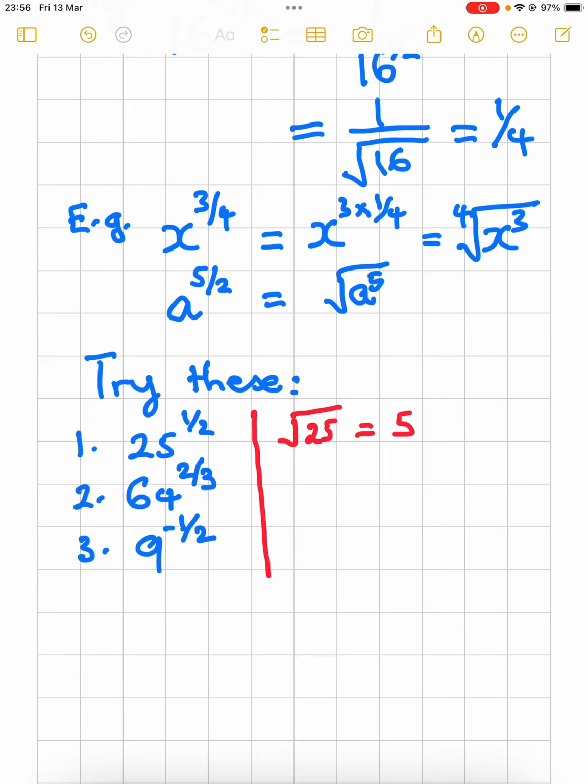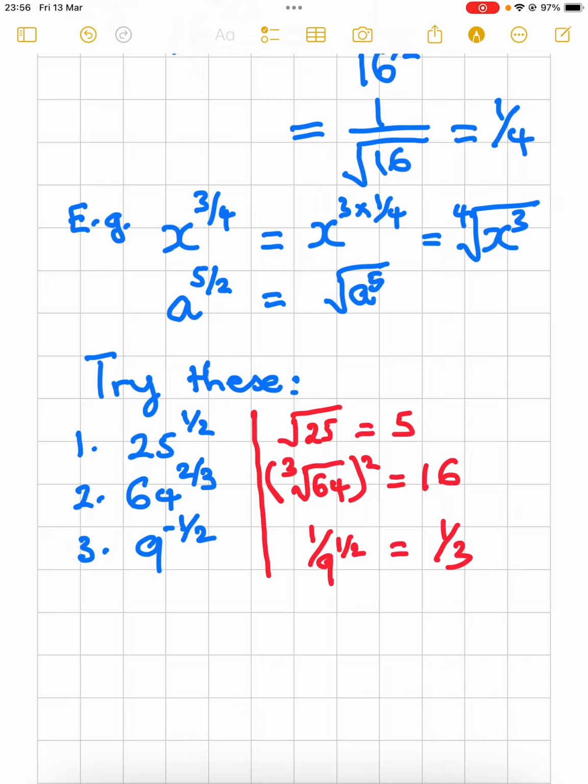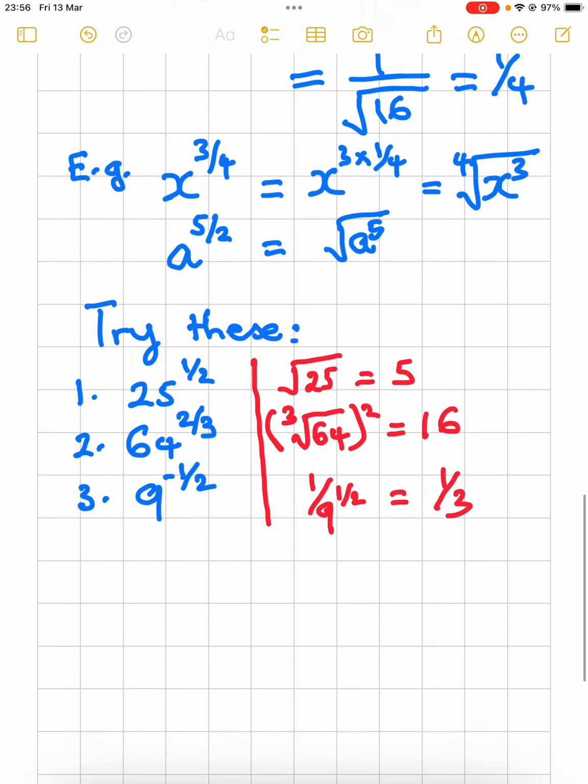The second one is the cube root of 64 raised to power 2, which is the cube root of 64 is 4 raised to power 2, that is 16. And the third one is 1 over 9 raised to power half, which is 1 over 3.